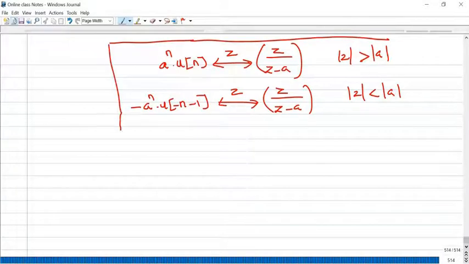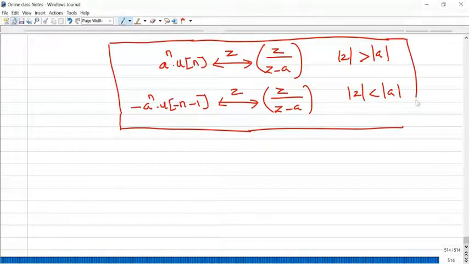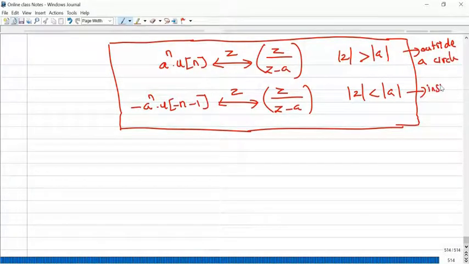Using these two formulas only we can write the inverse Z transform result. This one is outside a circle ROC, inside a circle with radius a, outside the circle with radius a. Individual signal.